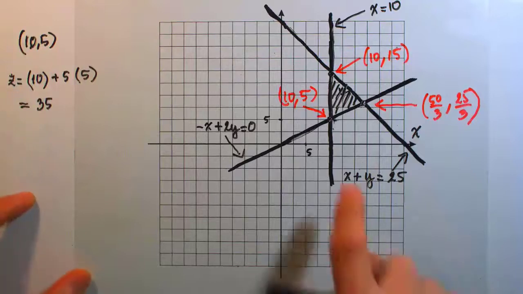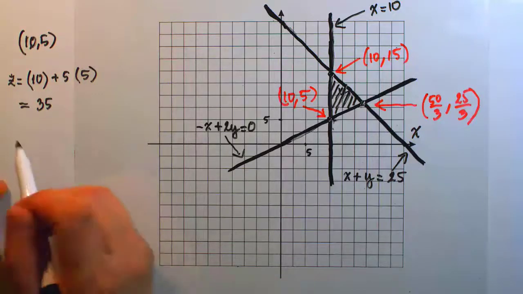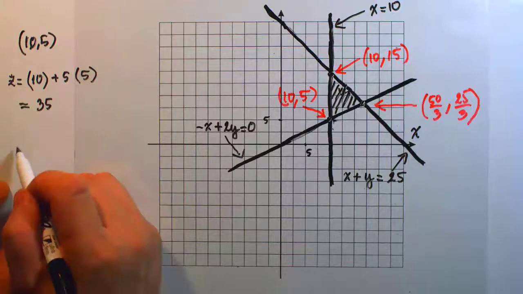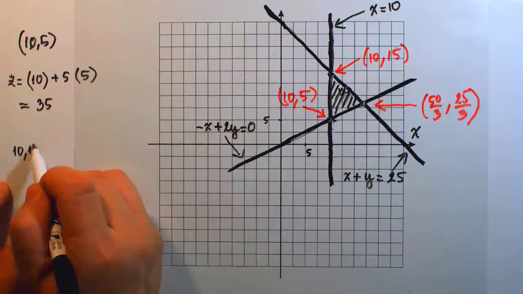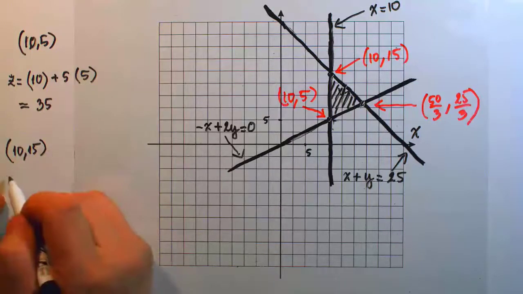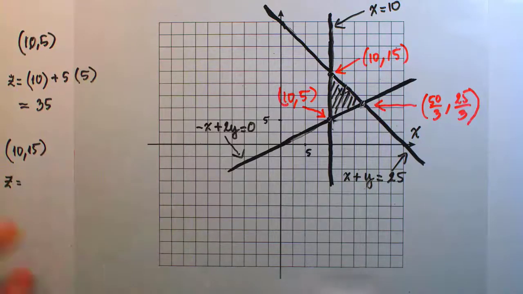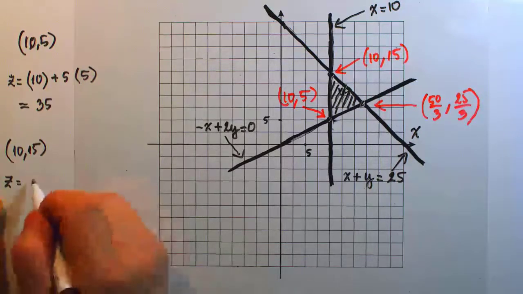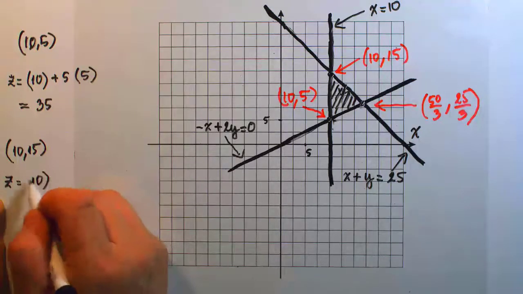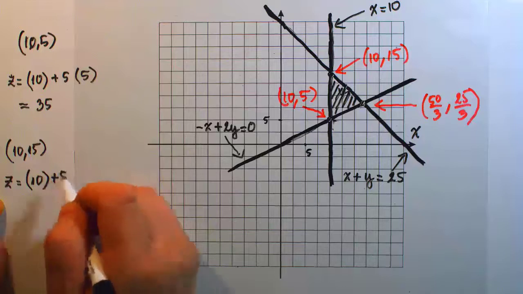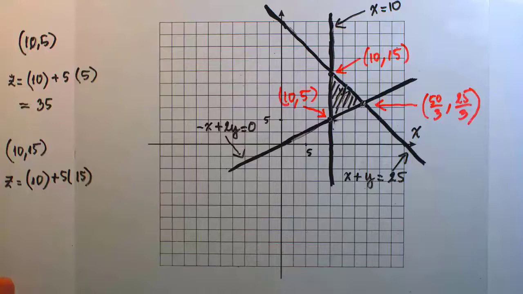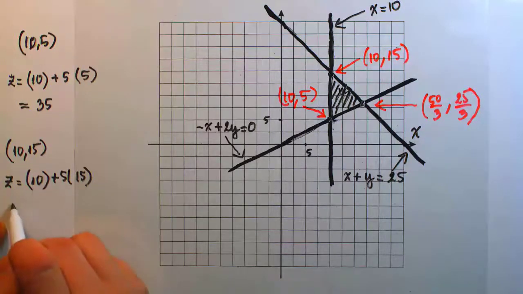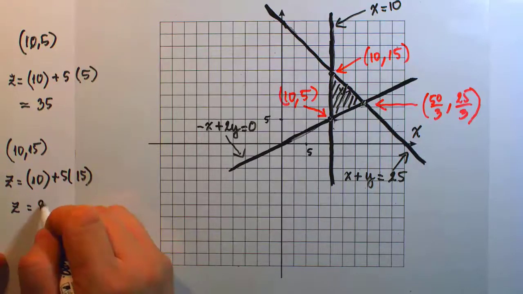But we also need to do the same calculation at the other corner point. So when x equals 10 and y equals 15, our value for z is going to change to a different value, and let's calculate it. Here we're looking at 10 for x plus 5 times 15 for y. And so our z value here comes out being 85.